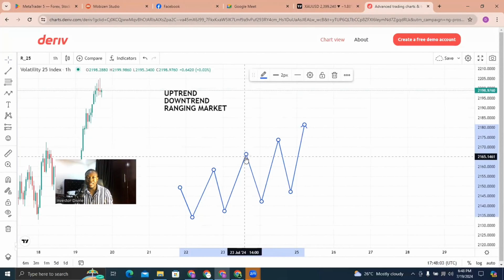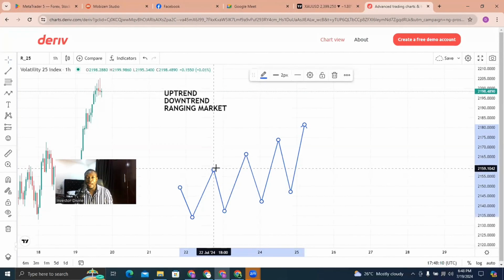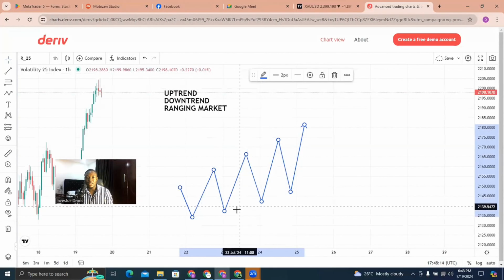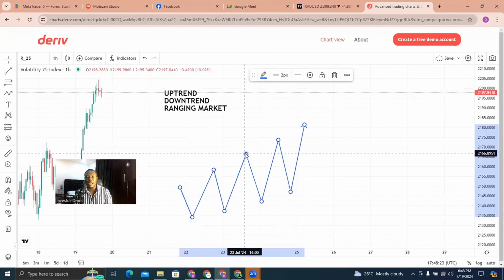So as you can see from here, this recent high took out the previous high, then it sold down a bit. It didn't break this previous low. So it sold down a bit and went back up and took out the next high.